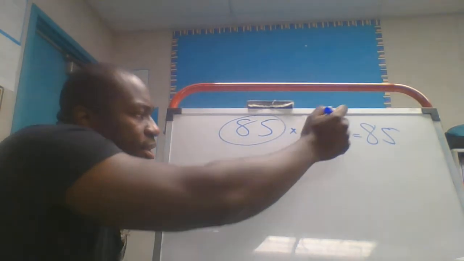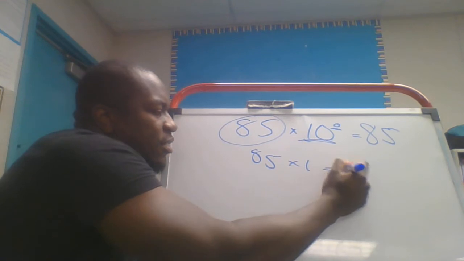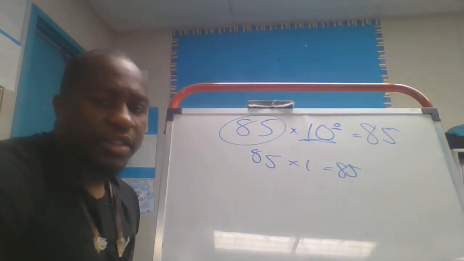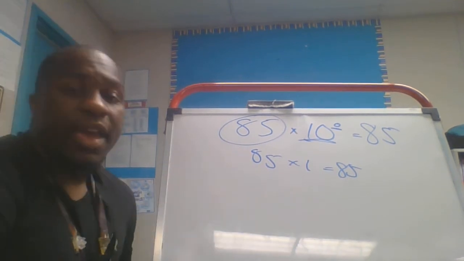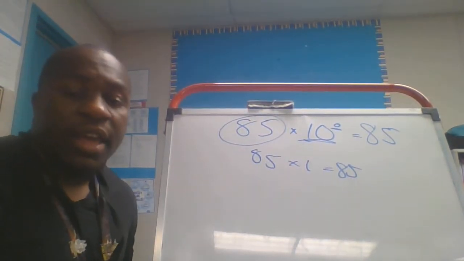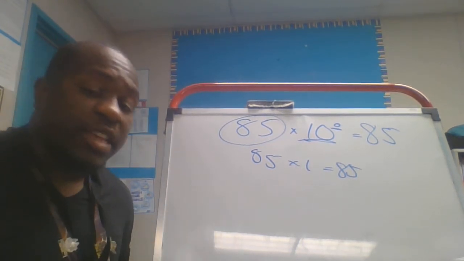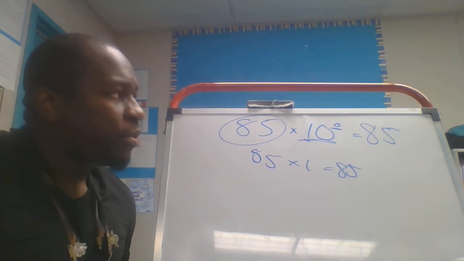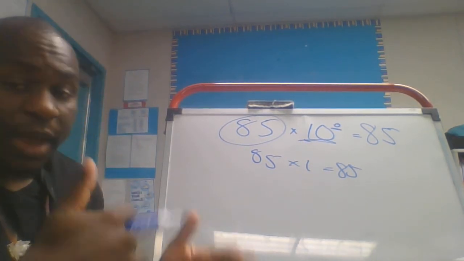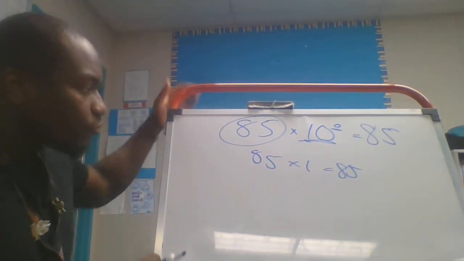So whenever you see a number multiplied by 10 to the zero power, just know, hey, I just have to rewrite what's here on the left-hand side. Once we get a little bit deeper on the process, there might be some different things that come up and you might encounter. But for now, if you remember this, you are good to go.